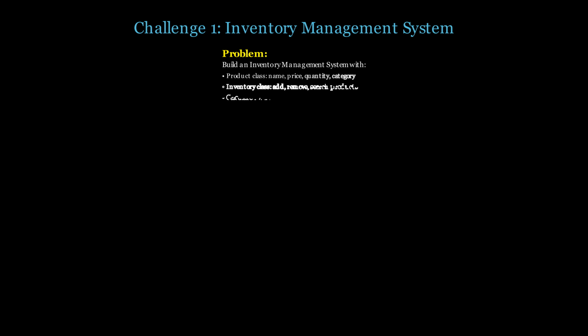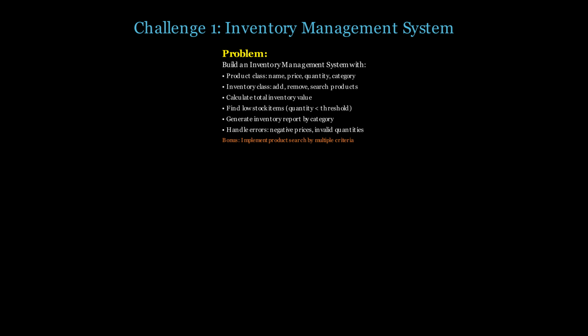Challenge 1. Build a complete inventory management system. This real-world problem requires object-oriented design, data validation, and business logic implementation. Create a product class with name, price, quantity, and category. Build an inventory class that can add, remove, and search products.